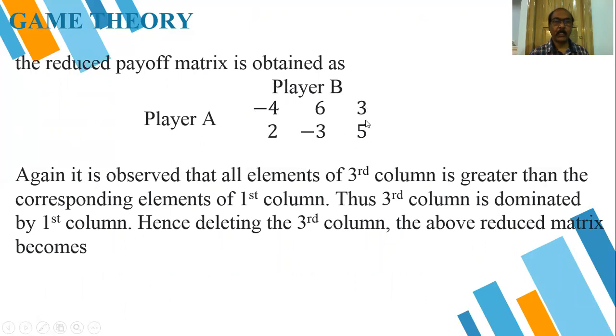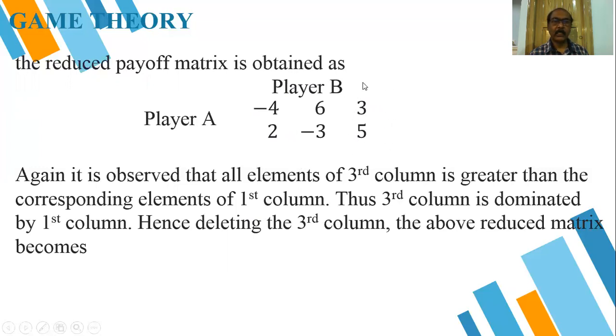So each and every element of the third column is greater than the corresponding element in the first column. That means we can say the third column is greater than the first column. That means the first column dominates the third column.